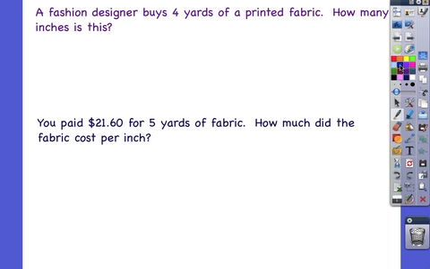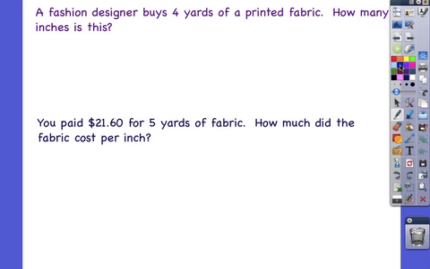So I have $21.60 over 5 yards times 1 yard over 3 feet, so that the yards cross-reduce. Multiply that by 1 foot over 12 inches so that the feet cross-reduce.